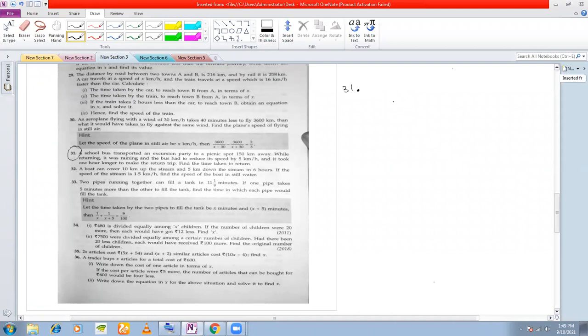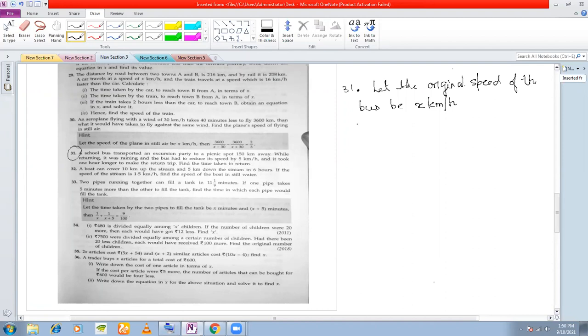Let the original speed of the bus be x kilometer per hour. While going, the distance is 150 kilometers; to and fro, 150 kilometers each.